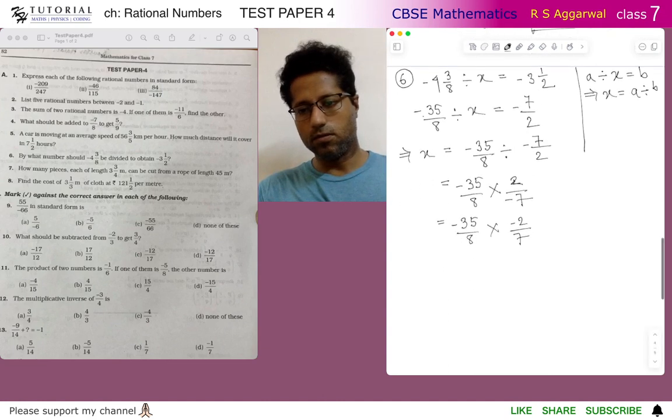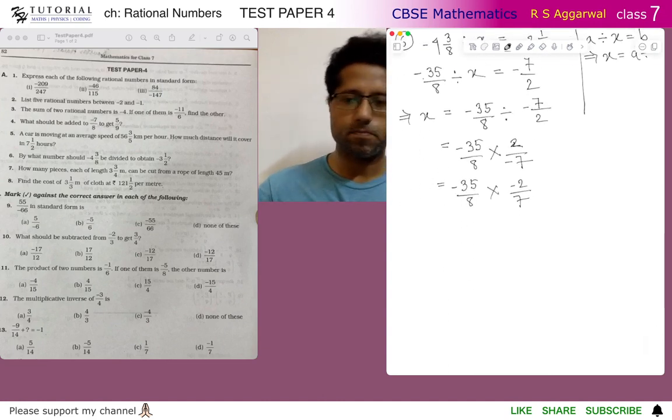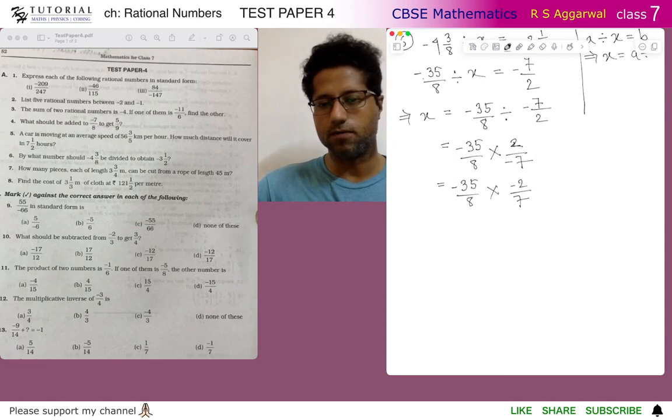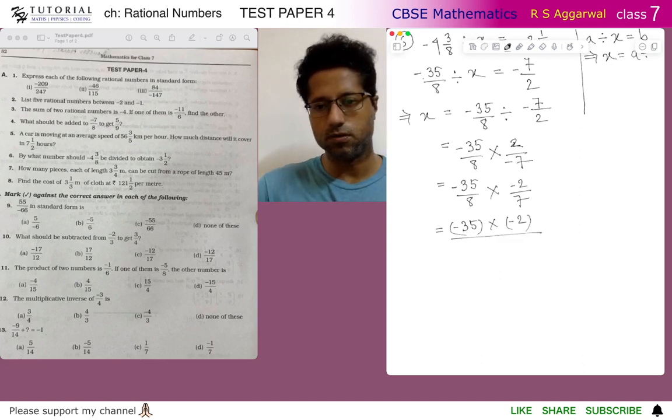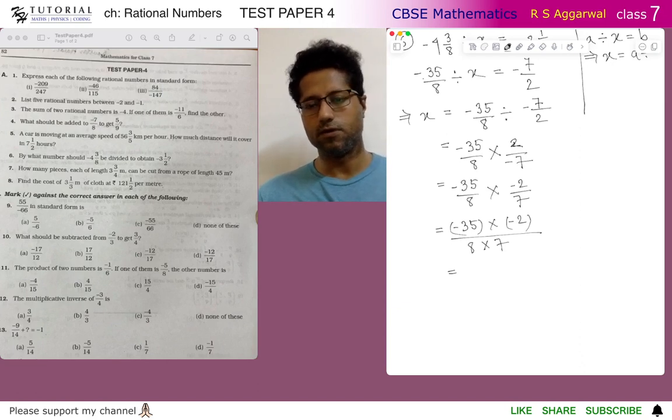So we now have two rational numbers to multiply, and we know that the product of two rational numbers is equal to the product of the numerators divided by the product of the denominators. So this becomes minus 35 multiplied by minus 2 divided by 8 into 7, and a negative number multiplied by another negative number gives a positive number.